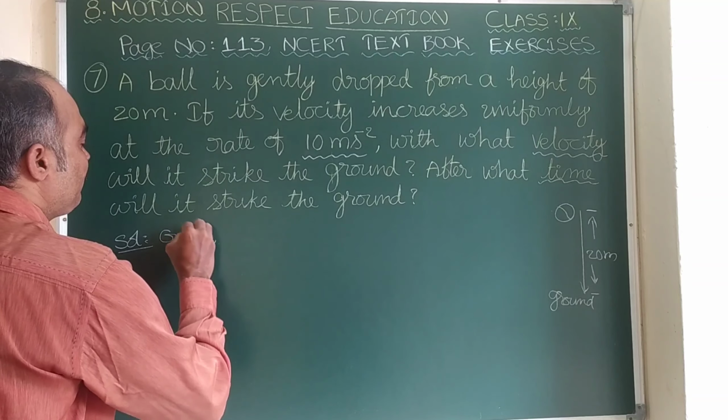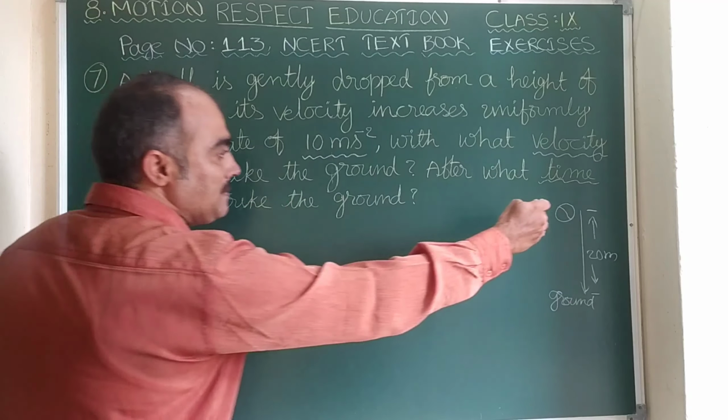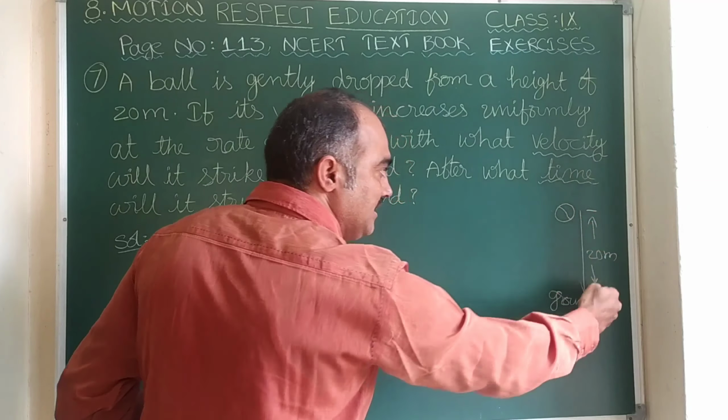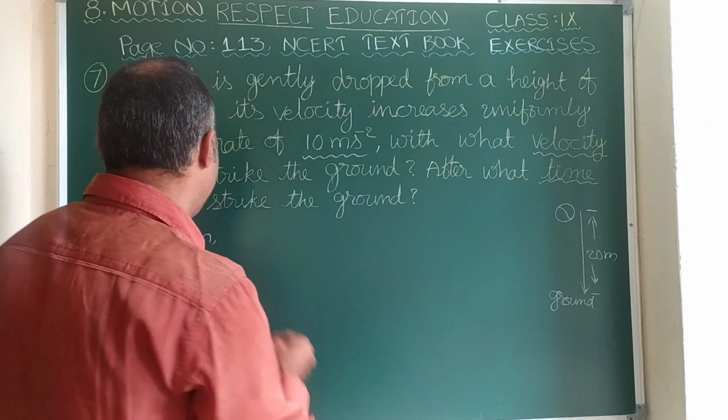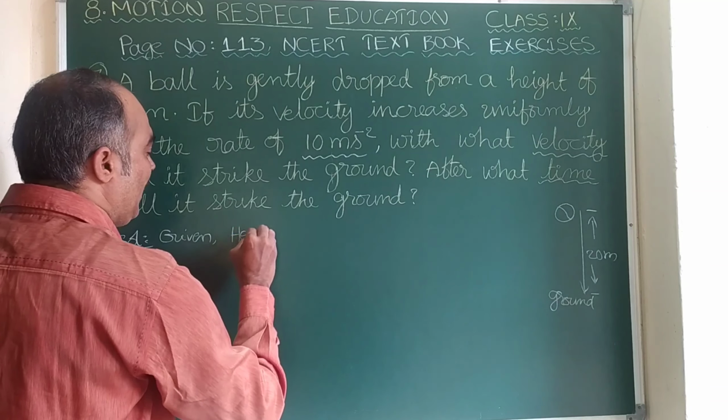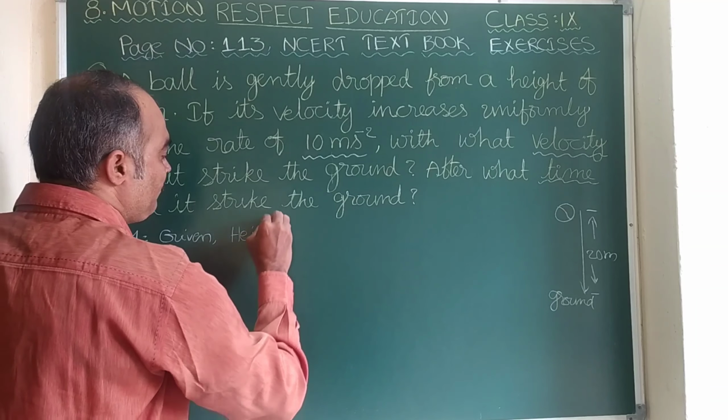Given: here this height is the vertical height, but this is the distance travelled by the ball. So here we can write given height is nothing but distance travelled, that is, it can be taken as S. Here the distance travelled is given as 20 meters.